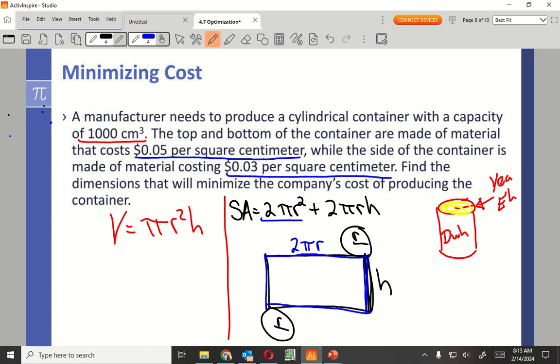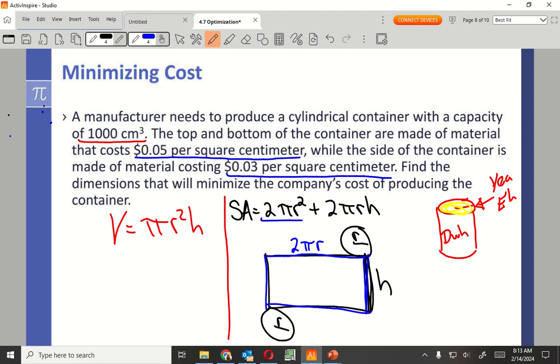Your volume. No, we already know what the volume is going to be. We're just changing the size. So do I want a really tall cylinder or a short, fat cylinder? Oh, so surface area. So I am optimizing surface area.